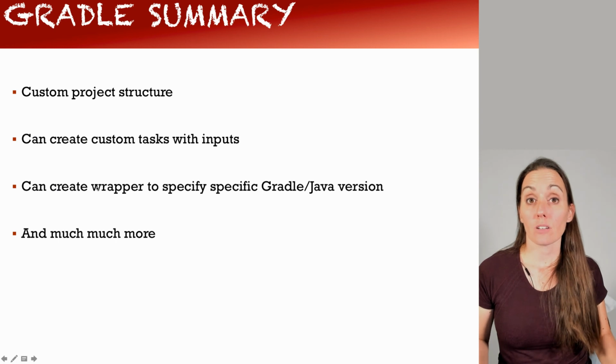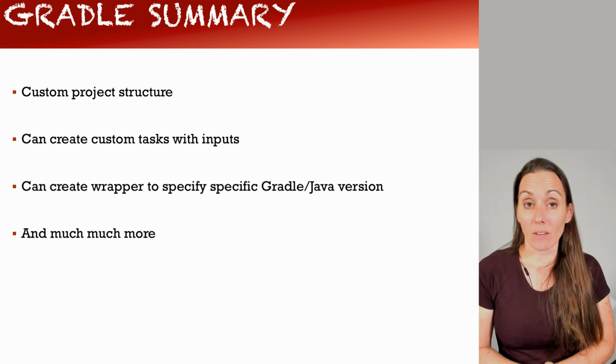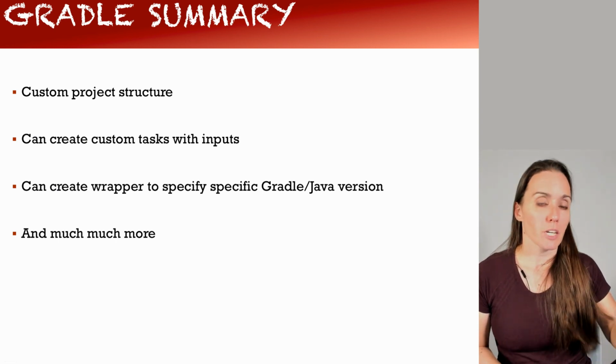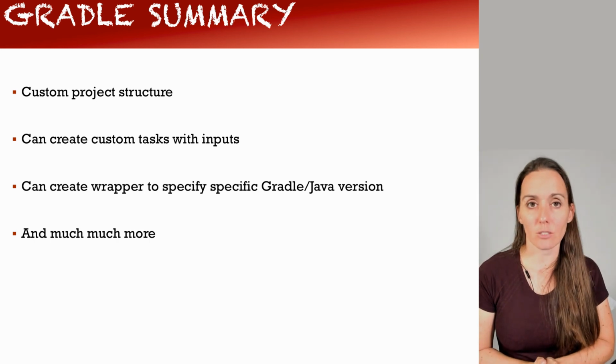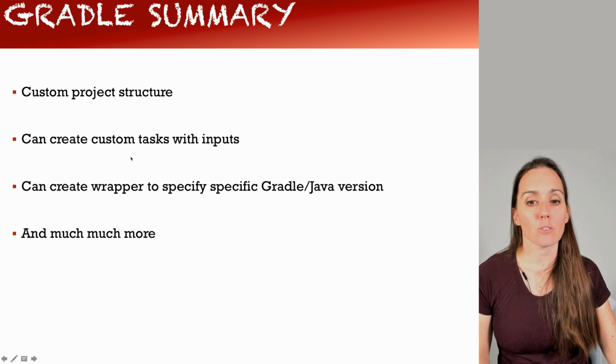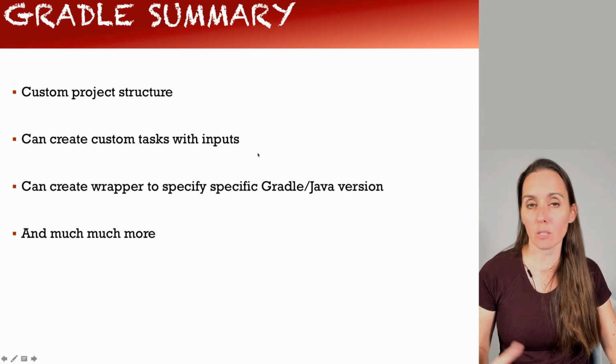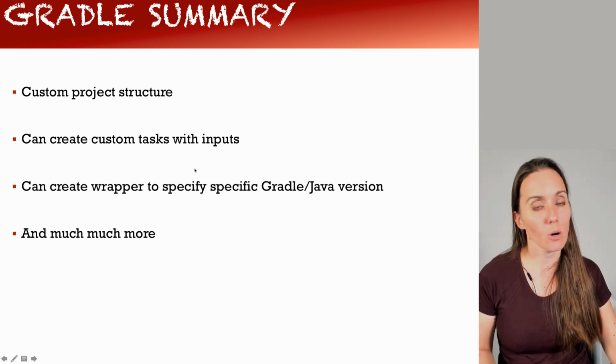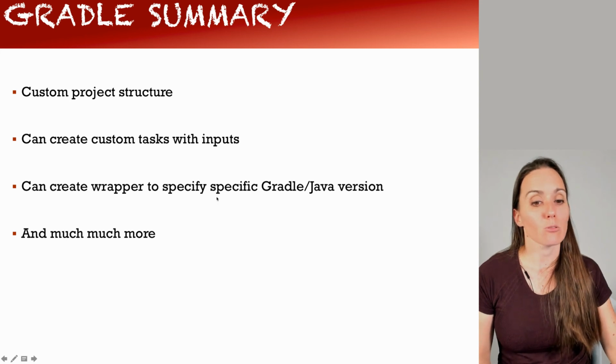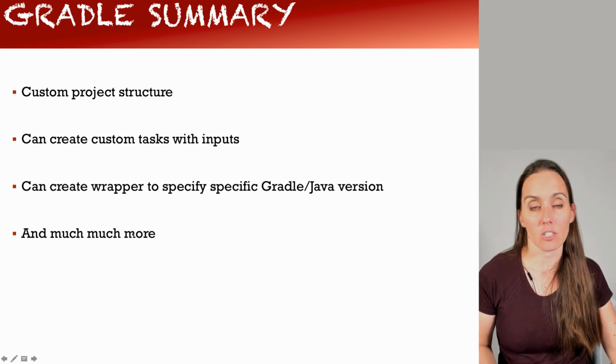So, summary. We have a custom project structure, src/main/java, that is needed where Gradle expects your source files to be. You can create a bunch of custom tasks which can expect inputs which are then given to your Java code to run. You can create a wrapper to specify specific Gradle and Java versions.